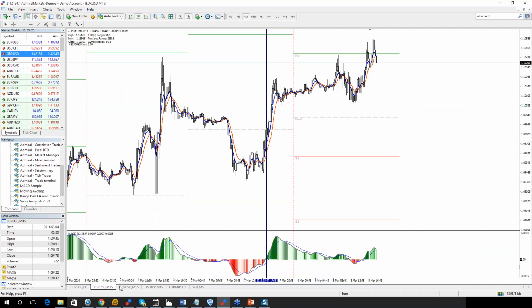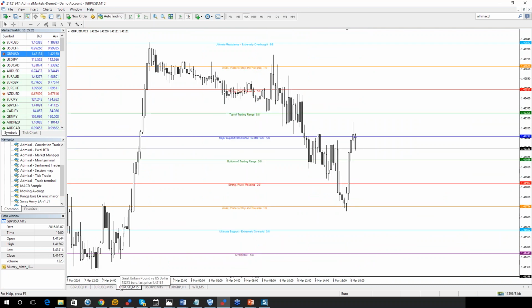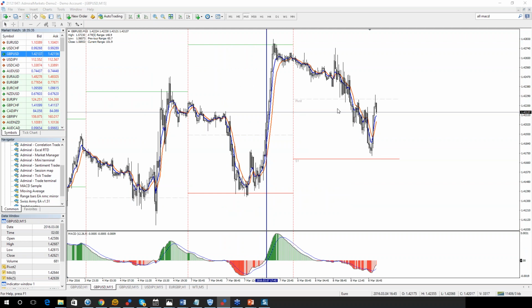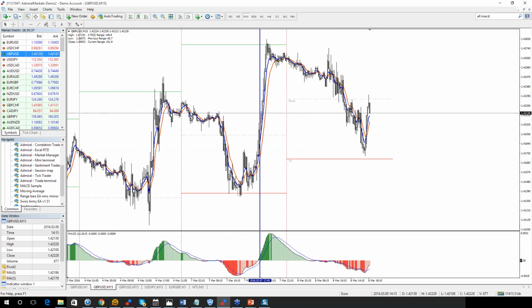So euro dollar here, pound dollar. Okay, I will go with pound dollar at the minute. Okay, look at this pivot point breakout here. EMAs were crossed. Look, the price went down, breaking through the pivot points.